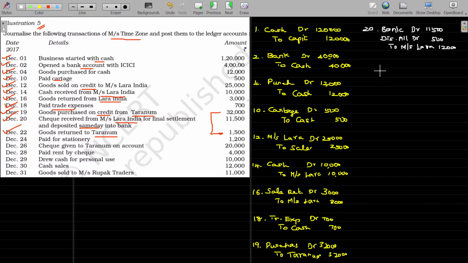So on the date of this transaction being 22nd, purchase return should be credited. Purchases should be debited, purchase return should be credited. So Taranam account debit to purchase return. The value being 1,500.